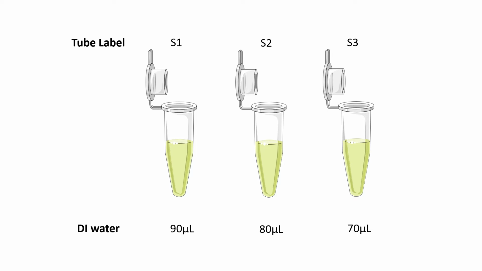Recall that S1 had 10 microliters of known collagen solution versus S3 had 30 microliters. When we added 90 and 70 microliters respectively to tubes S1 and S3, they both have 100 microliters of solution, but clearly the concentration of collagen in S3 is higher than in S1.